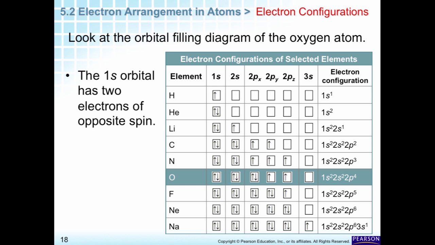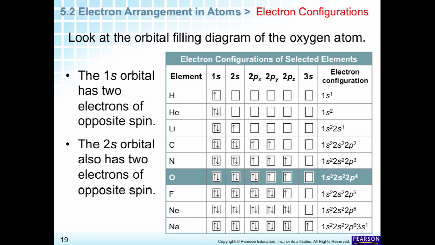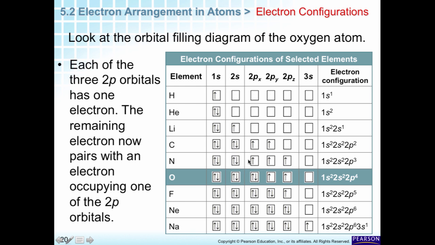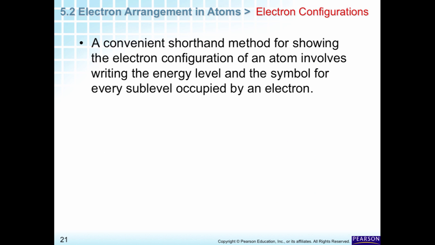Okay, as I went over, the 1s orbital has 2 electrons of opposite spin. 2s also has 2. We're looking at oxygen. 2s has 2 of the opposite spin. Each of the 3 2p orbitals has 1 electron, and the remaining electron pairs with the first box, and so they have an opposite spin. And then I showed you the convenient shorthand, an even shorter shorthand.